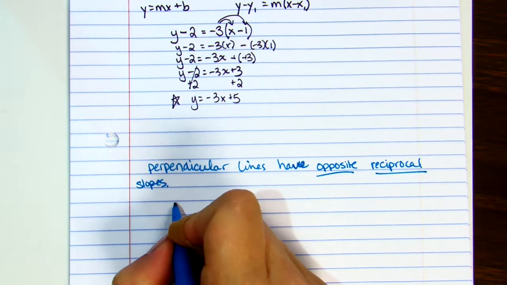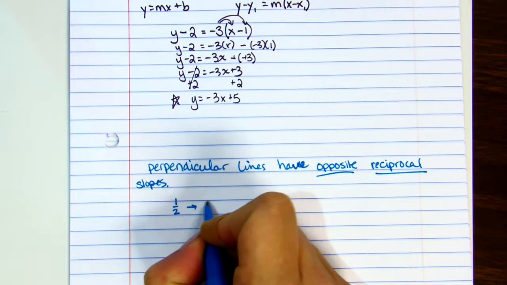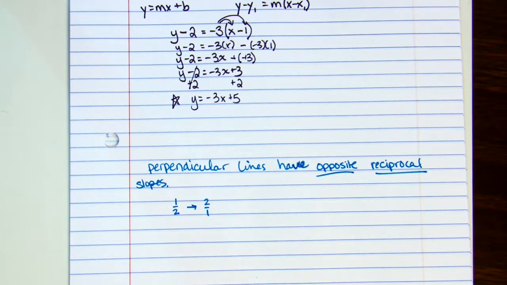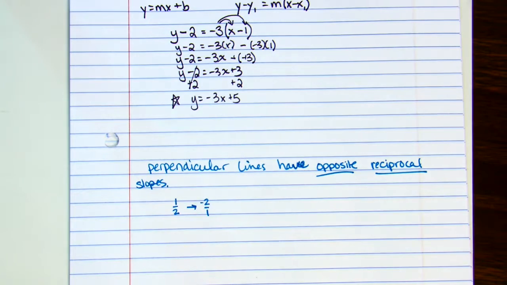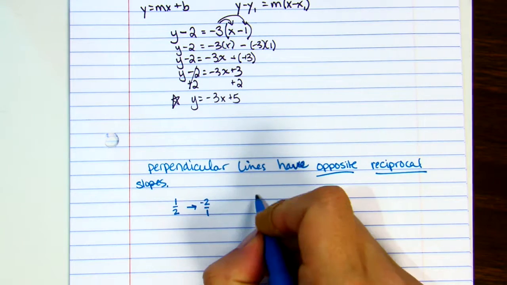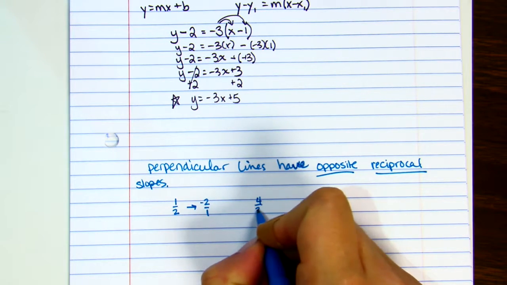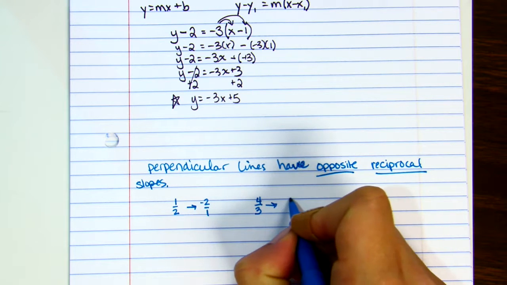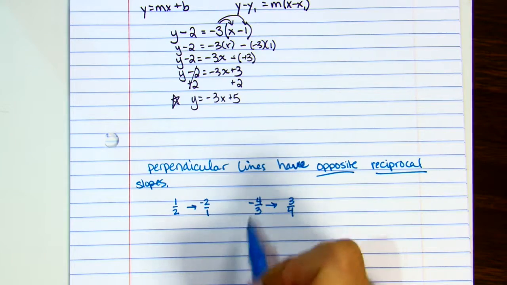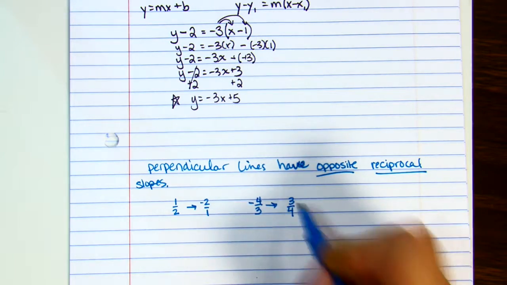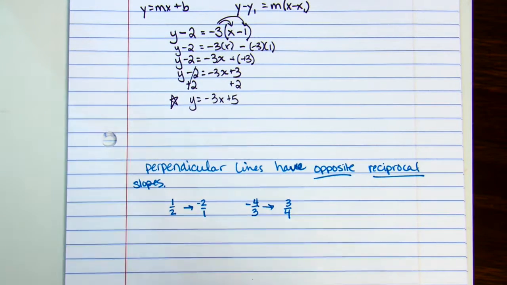So remember, the reciprocal of 1/2 is 2 over 1. So the opposite reciprocal of 1/2 would be negative 2 over 1. If our slope is 4/3, the reciprocal of that is 3/4. Let's say we started with a slope of negative 4/3. Our new slope will be positive 3/4, or the slope of our perpendicular line will be 3/4.